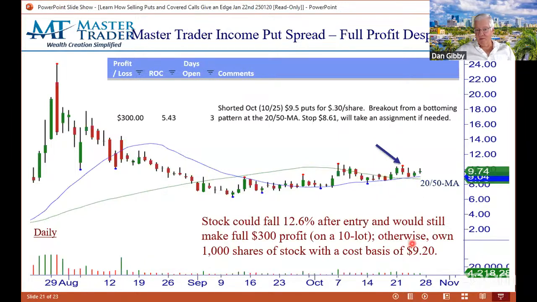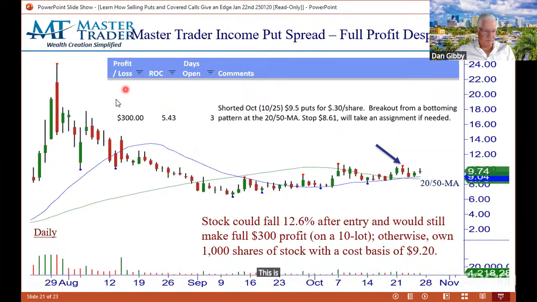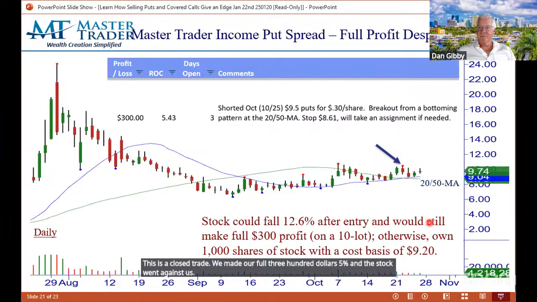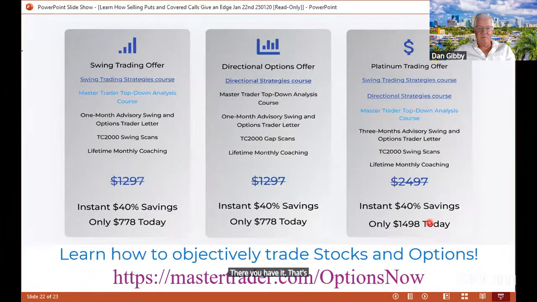If assigned, our cost basis is $9.20. This is a closed trade. We made our full $300, 5%, and the stock went against us. There you have it. That's the benefit of options.